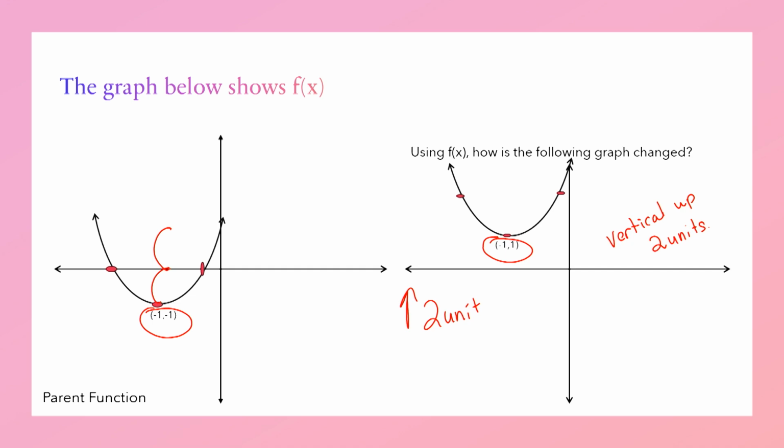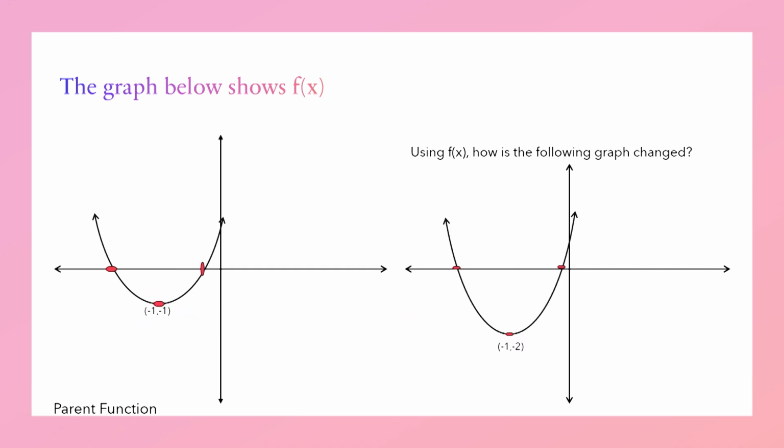Let's look at our next one. So I'm back to my parent function, and then I transform or have a transformation to my function on the right. Look at the information I'm given with my parent function about my minimum, and then look at the information I'm giving with my new function about my minimum. What do I notice?